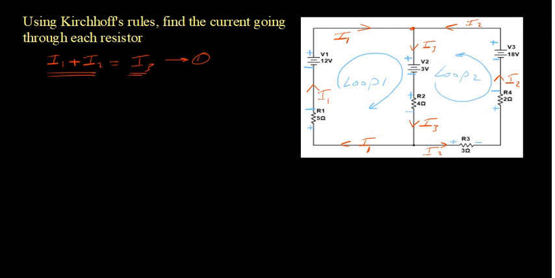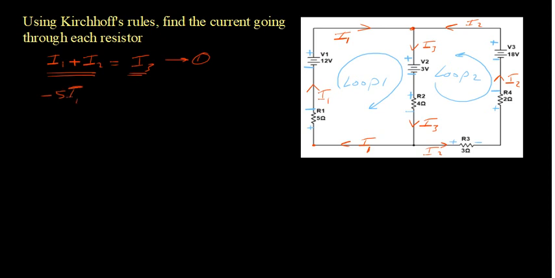Okay, so let's write the loop equation or the voltage equation, which is the second rule of Kirchhoff. I will start from here and I will go up, then I'll fill the whole loop. That will give me a negative 5 current 1.